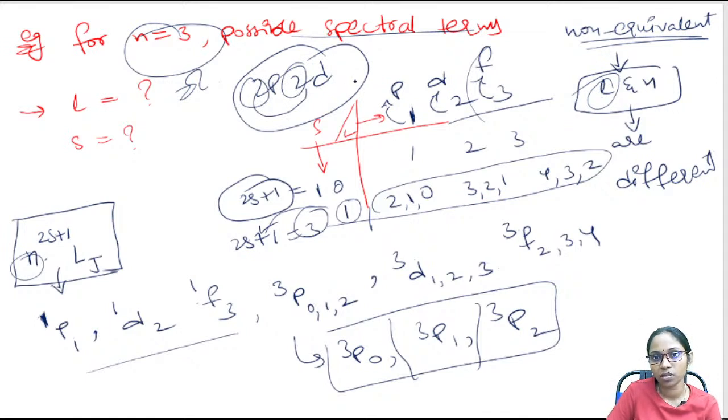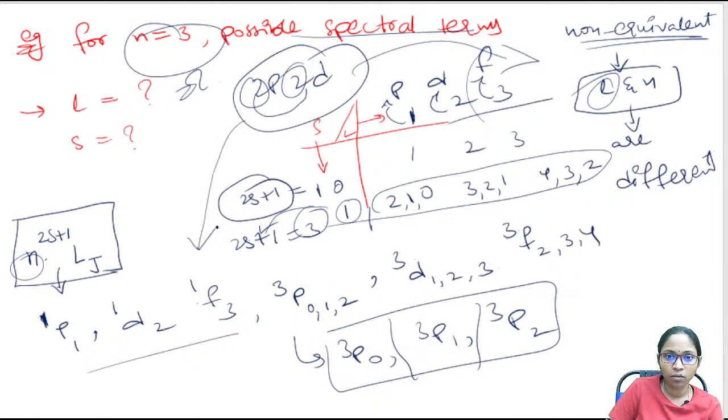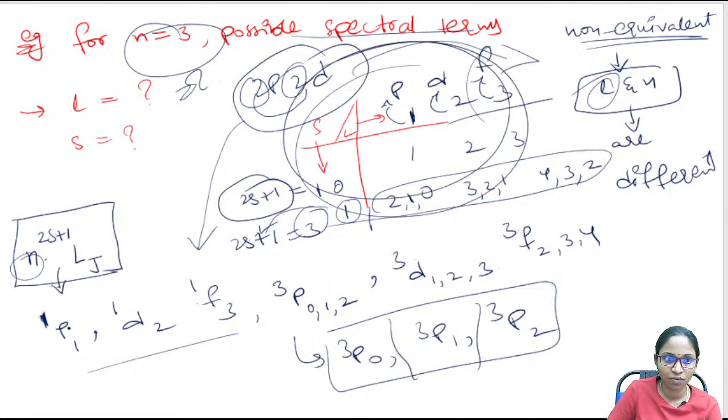So for the non-equivalent case, either L or N are different. For this type of configuration, we will solve the spectral terms using this trick.